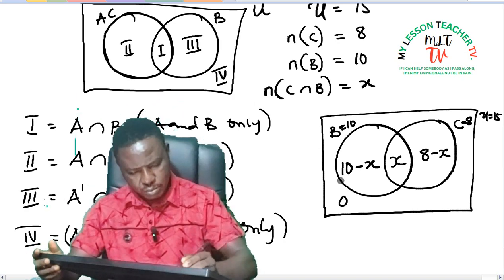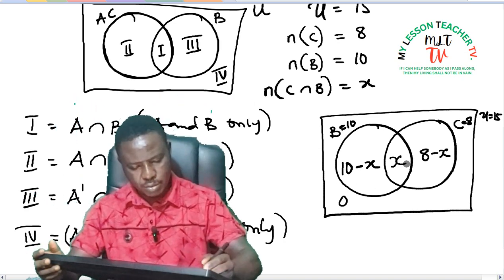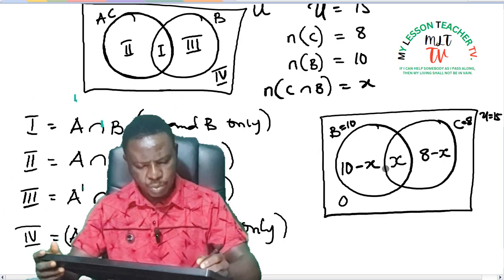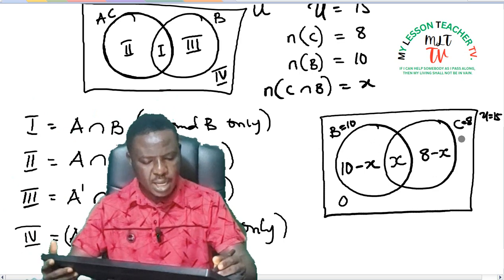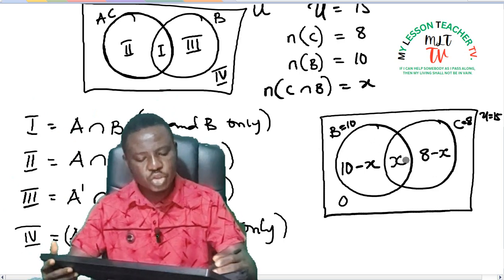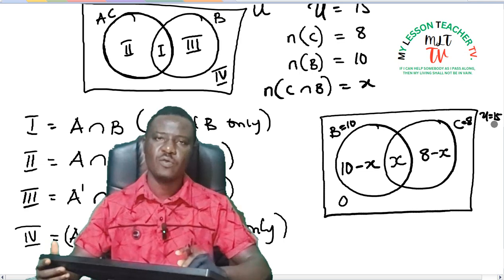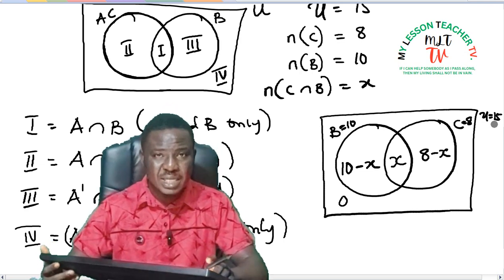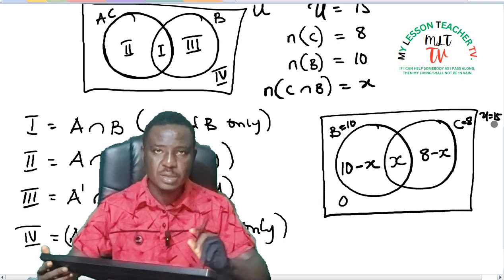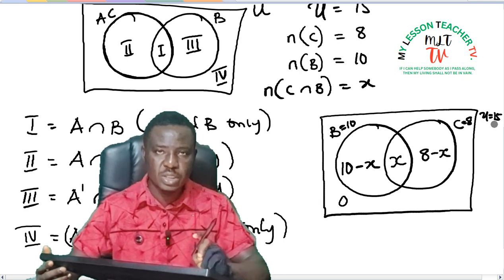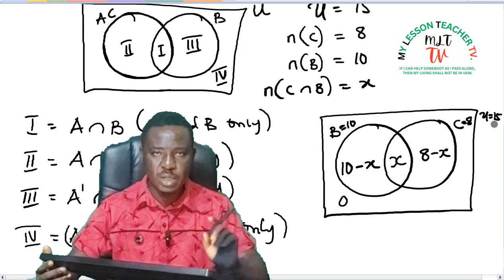If you add up all those in the region of beer, it gives you 10. When you add up all those in the region of cigarette, it must give you 8. And when you add up the total, it should give you 15. With this analysis, we will be able to get those that smoked cigarette and drank beer.